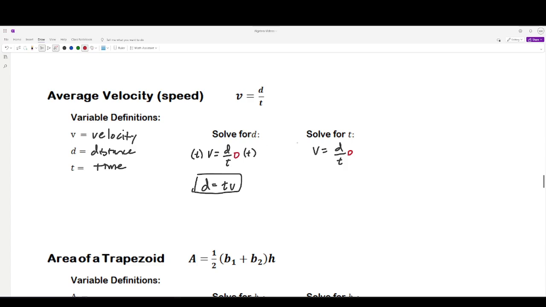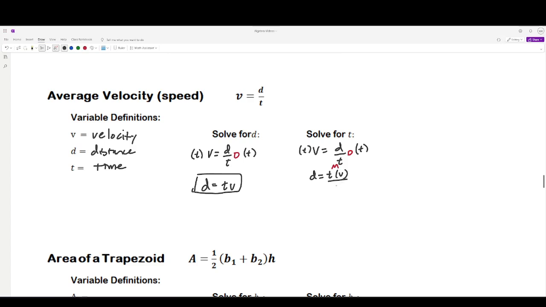Since T is in the denominator, the only way to fix that is to multiply both sides by T. So we're going to multiply by T, just like we did in the last one, and we get D equals T times V.